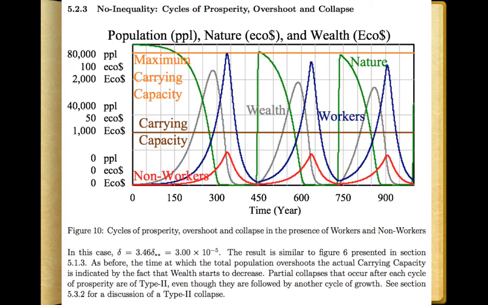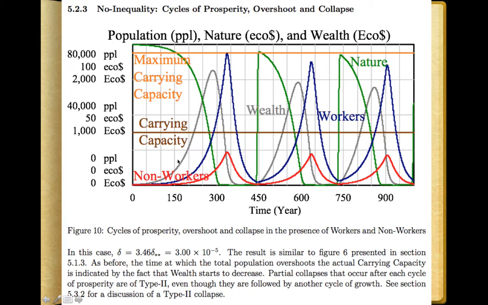Okay, and remember that the nature regenerates because the regeneration term in nature is proportional to it, because it has this natural capital built in. So it's able to bounce back. Once it bounces back, then it enables again growth of populations, both populations and wealth, and then it crashes again because of consumption. And you see these cycles.